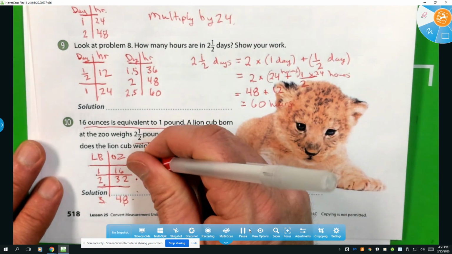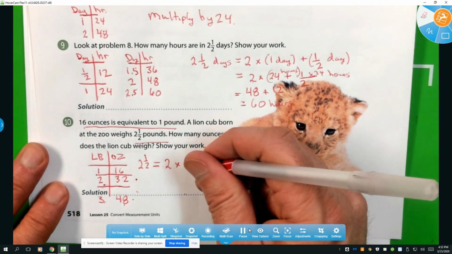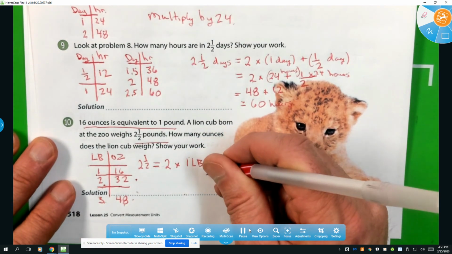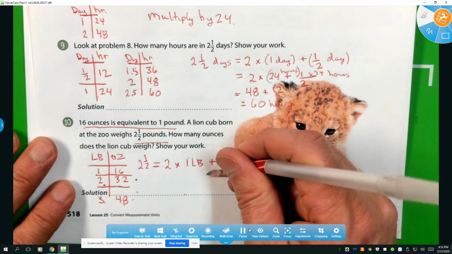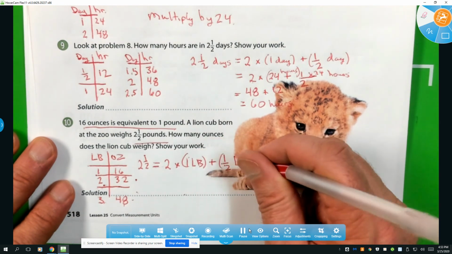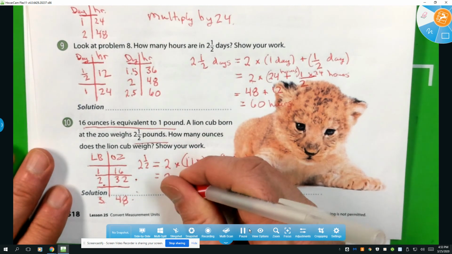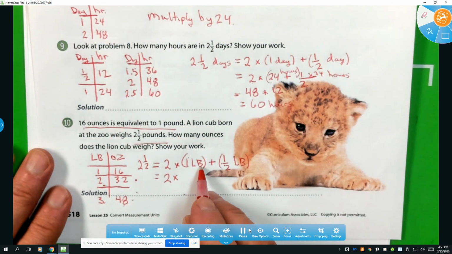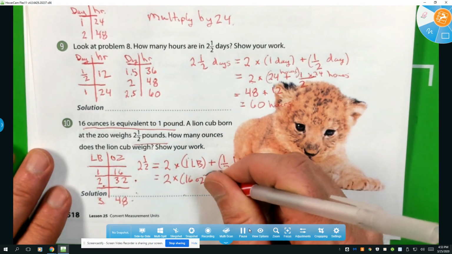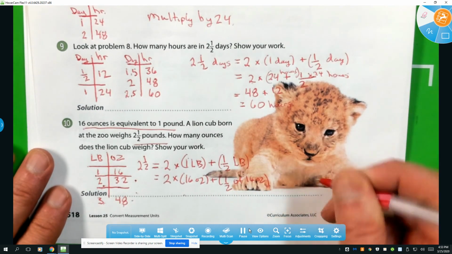So we would say 2 1/2 equals 2 times 1 pound plus 1/2 pound. And I'm going to put this in parentheses and this in parentheses because that's what I have to convert. So that's the same as saying 2 times, what am I converting? Pounds to ounces. So I'm going to change this to 16 ounces plus 1/2 of 16 ounces.